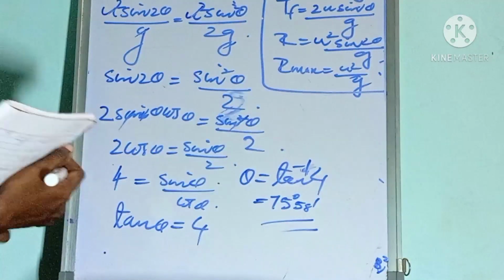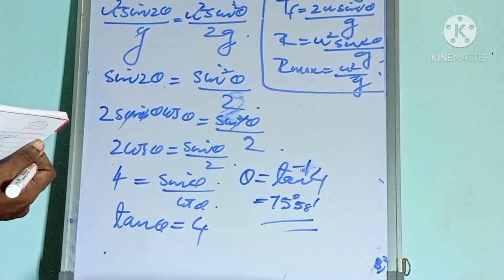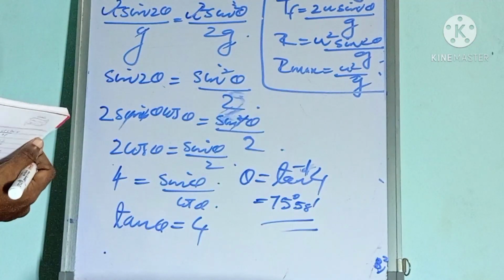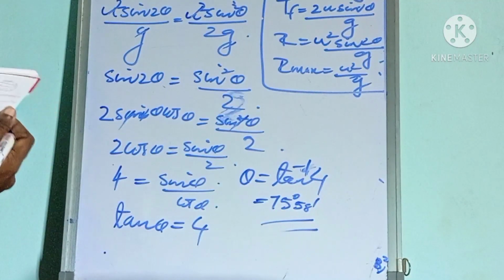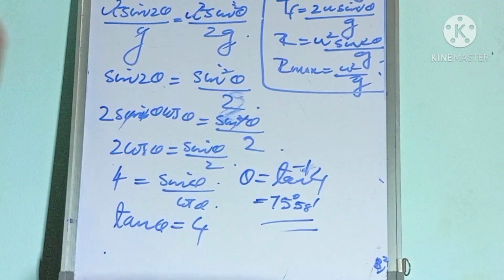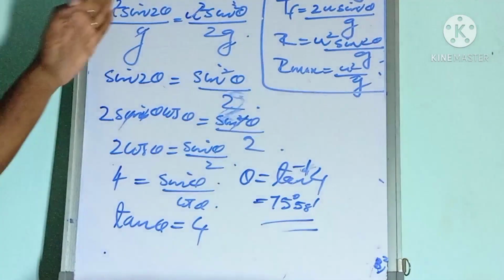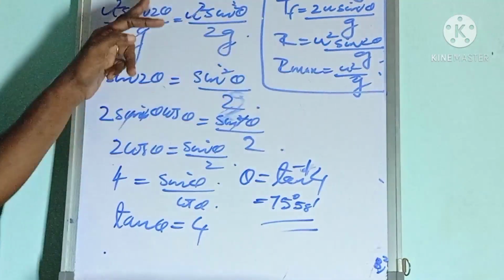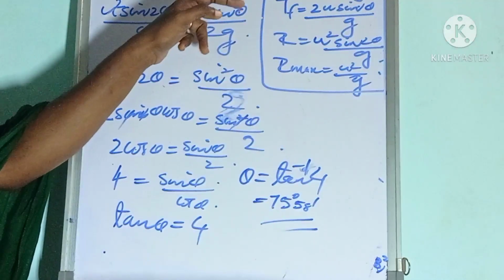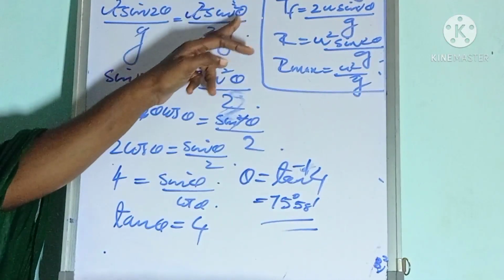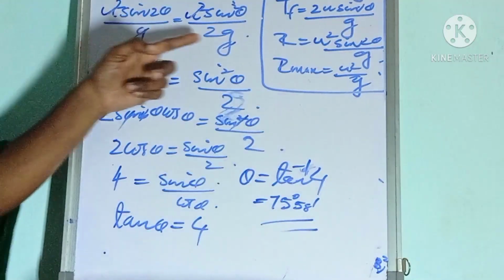Here the question is, find the angle of projection for which R and H are equal. That means horizontal range and maximum height are equal at what angle? So we write the equation for R as U square sin 2 theta by G, equal to the equation for height, U square sin square theta by 2G. U square cancels and G cancels.